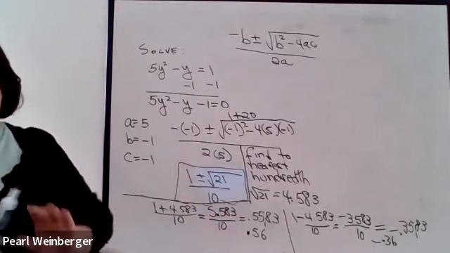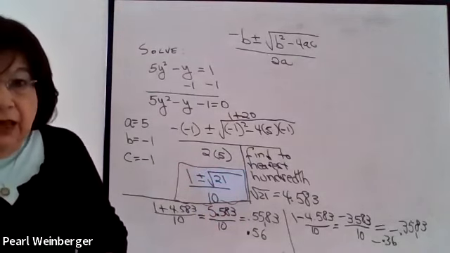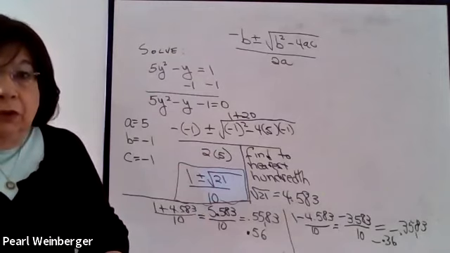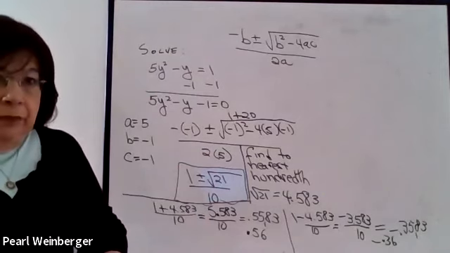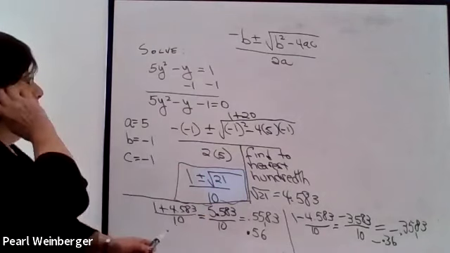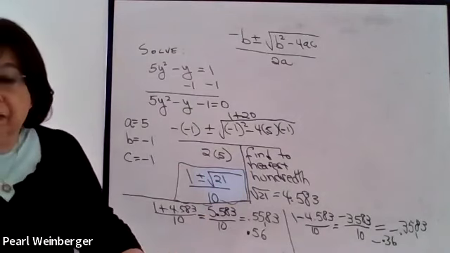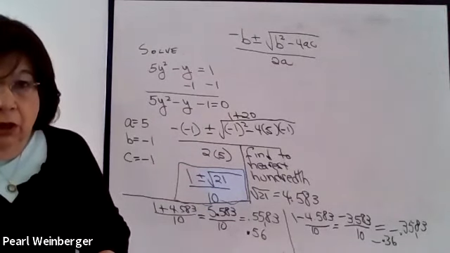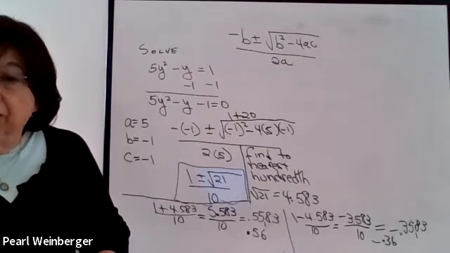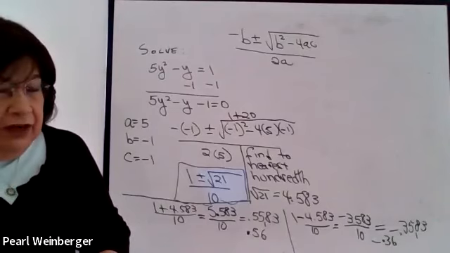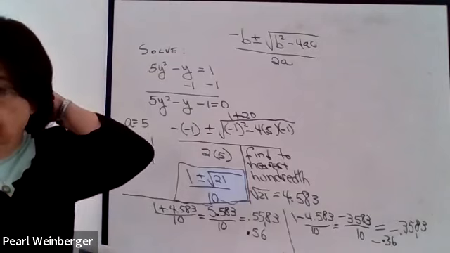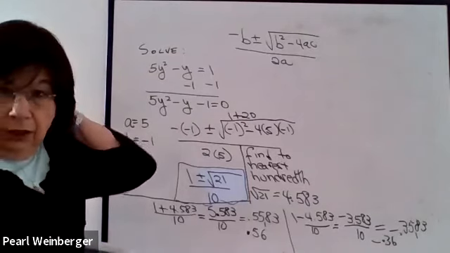You should know how to use your calculator to convert something from radical form to decimal form. Okay, so this was a good review of solving a quadratic equation. Remember, if it's not factorable or you're finding it hard to factor, you can always rely on the quadratic formula for any quadratic equation.